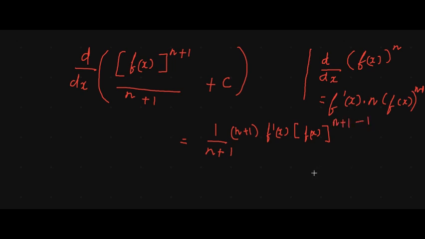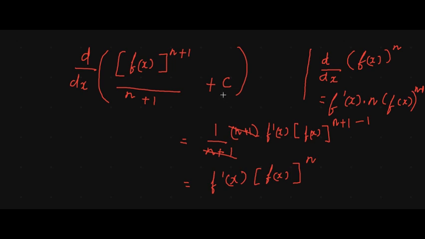As you see, this n plus 1 and n plus 1 will cancel off, and that will become equal to f prime of x multiplied by f of x to the power of n, because n plus 1 minus 1 is n.